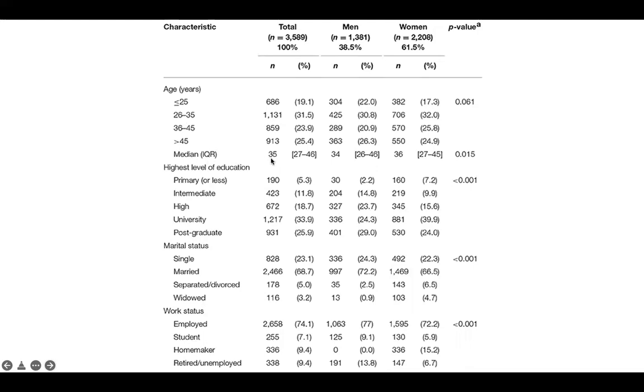This is a provisional table. You make it like this, but sometimes we use mean and standard deviation. You can write the mean and the standard deviation beside it. We use median and interquartile range if our data is not normally distributed. We use mean and standard deviation if our data is normally distributed.